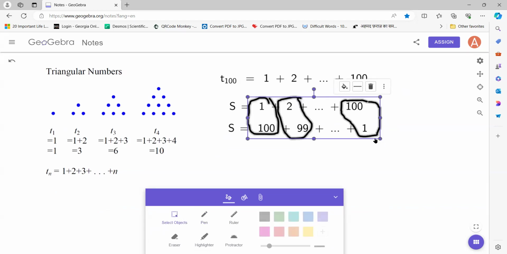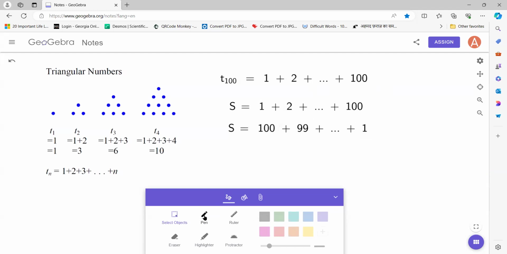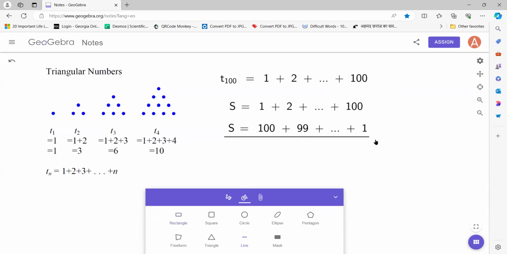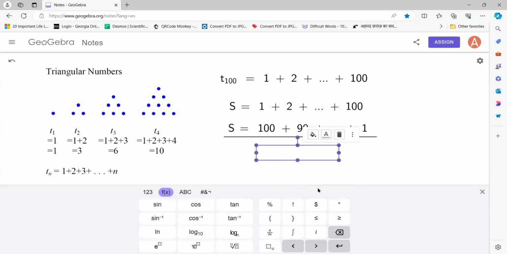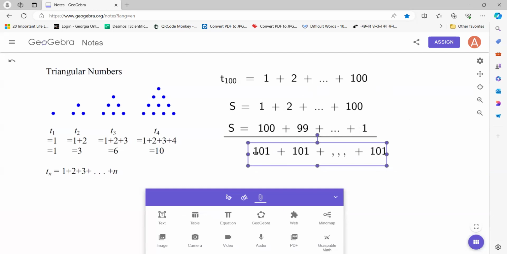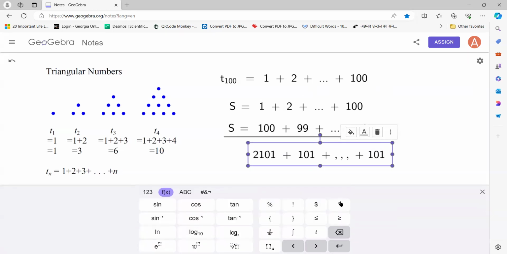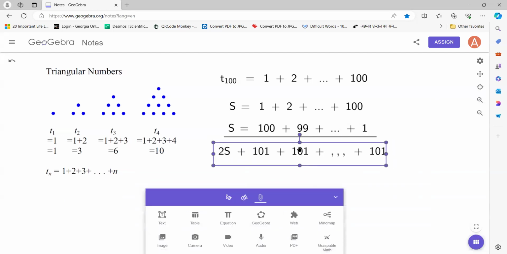What do I get? I get 101 each time. And this, of course, is 2 times S because I have the sum twice.